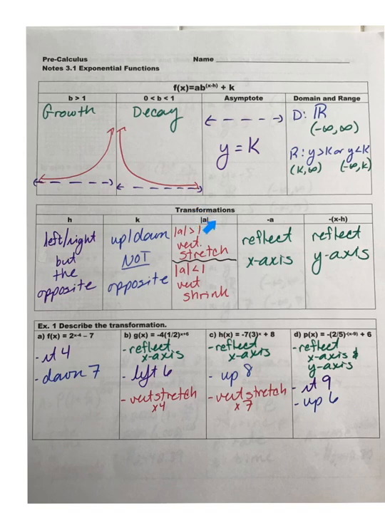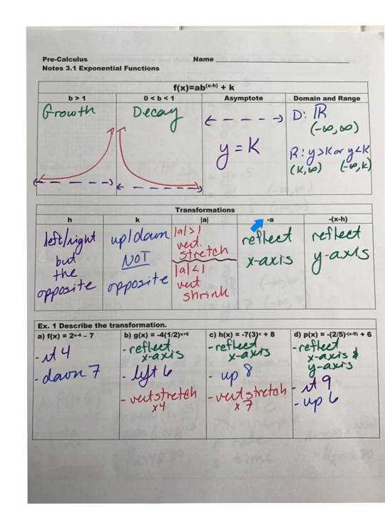Similar to slope, the a value is either going to stretch or shrink, and it doesn't matter about the negative sign. Notice it's the absolute value of a. So if the absolute value is bigger than 1, it's going to do a vertical stretch. If the absolute value of a is less than 1, it's going to do a vertical shrink.